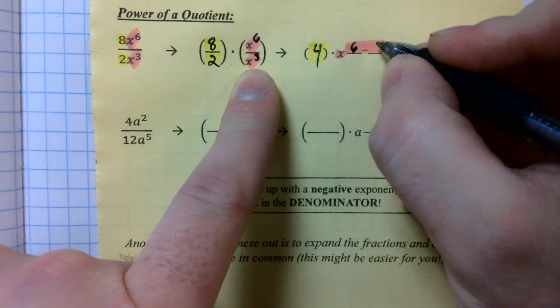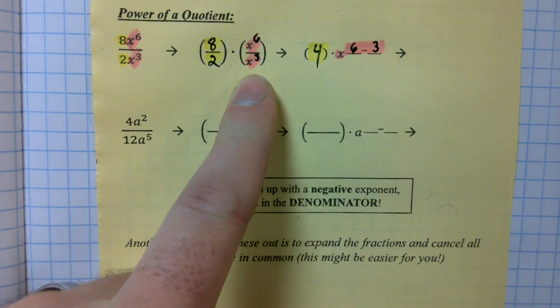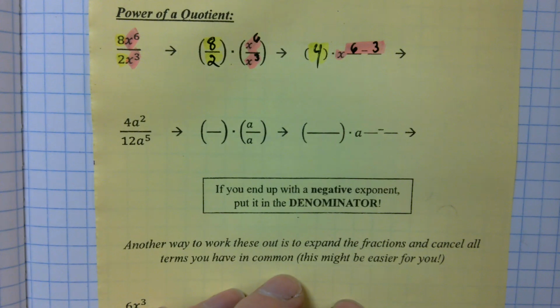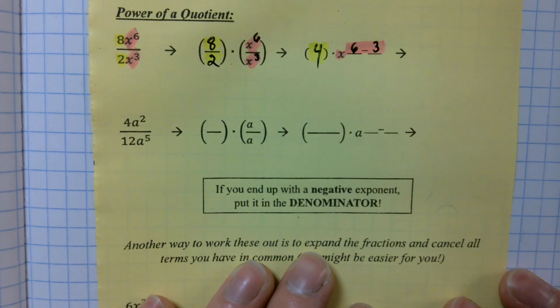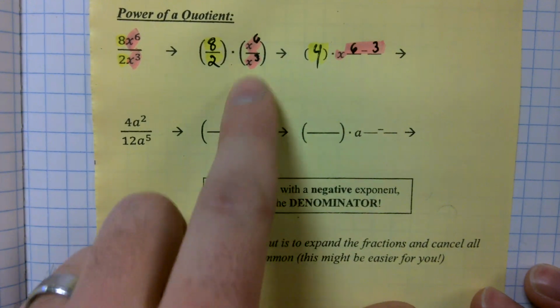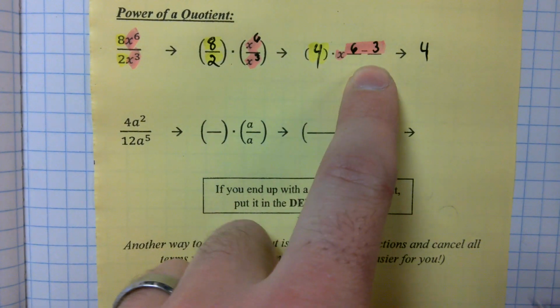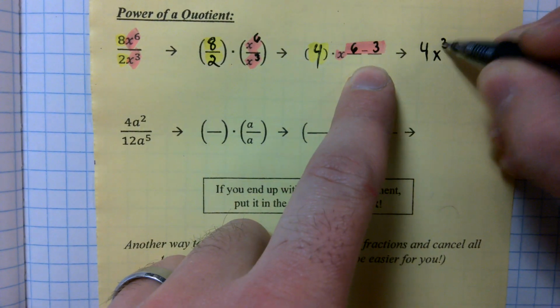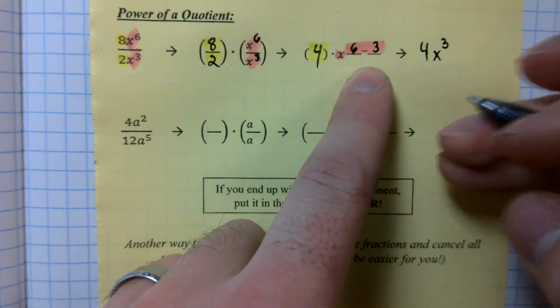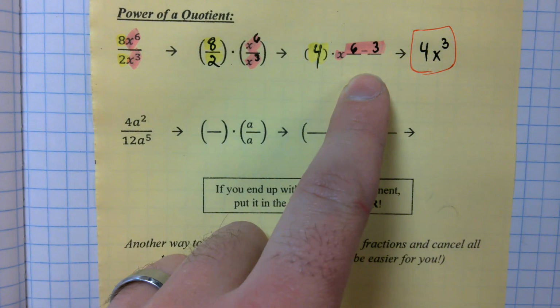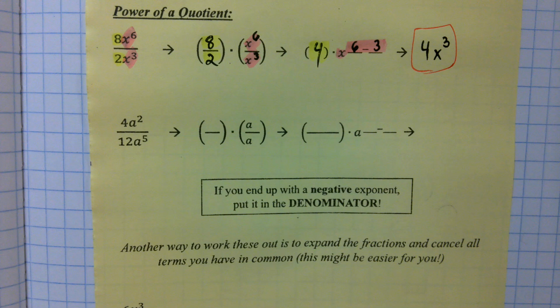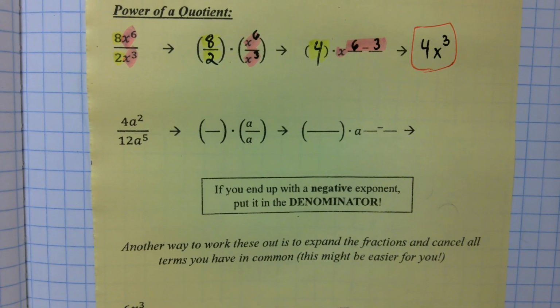Exactly. 6 minus 3. Everybody with that? Okay. So my 4 is my new coefficient. That's out in front. What is 6 minus 3? 3. Yep. There's my answer. 4x to the 3rd.